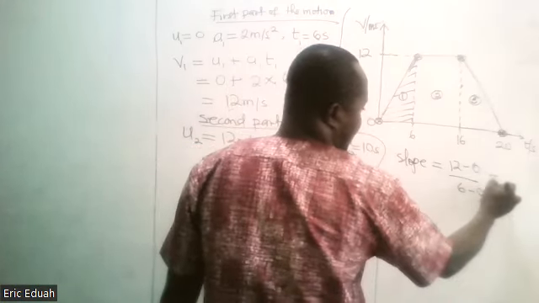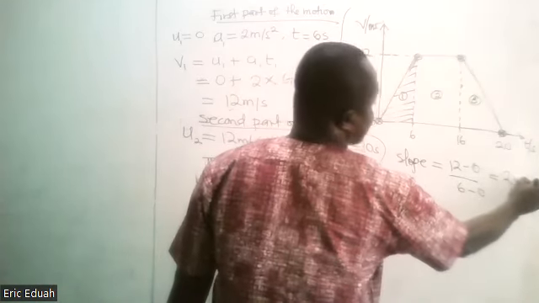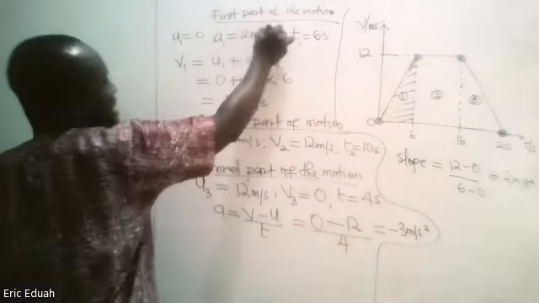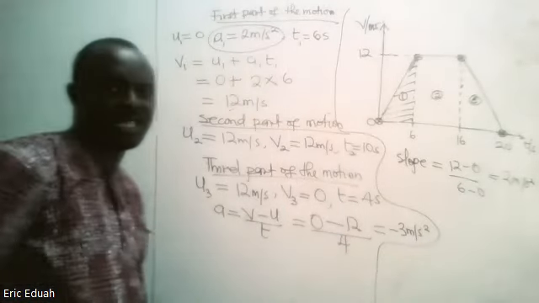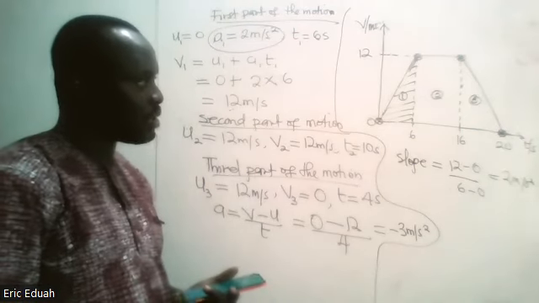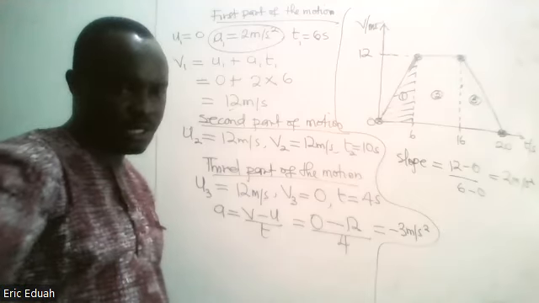We have 2 meters per second squared, and that is exactly what the question gave us. So it must be there, but we don't show it. When there is a need to calculate, we calculate.